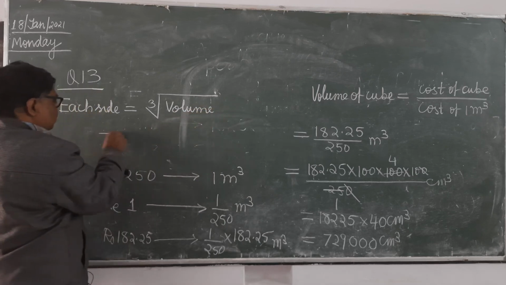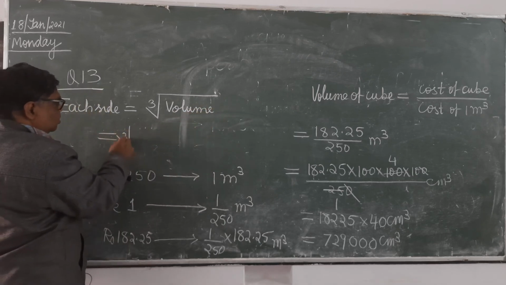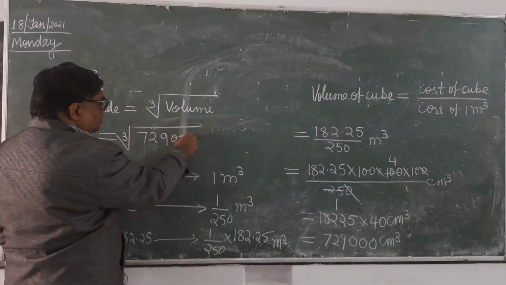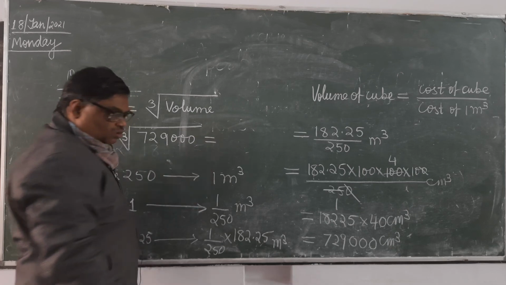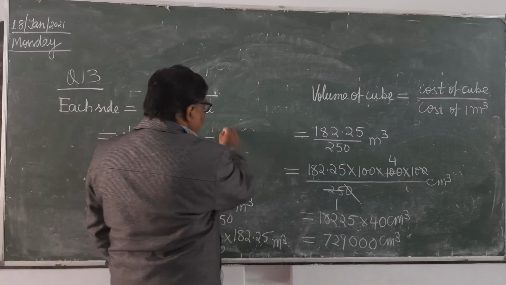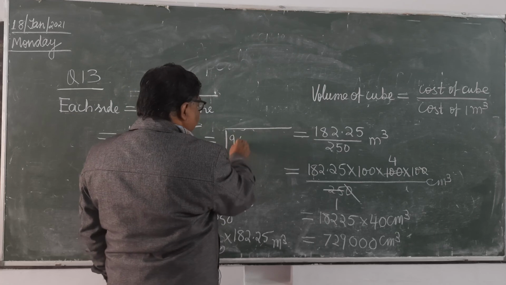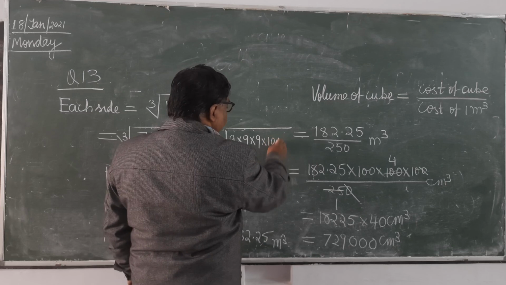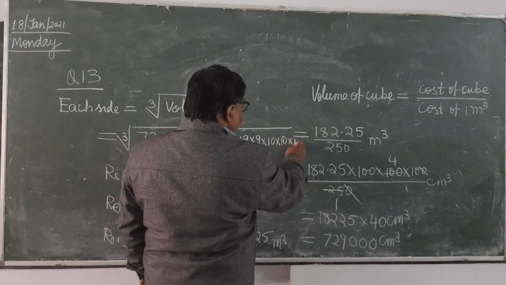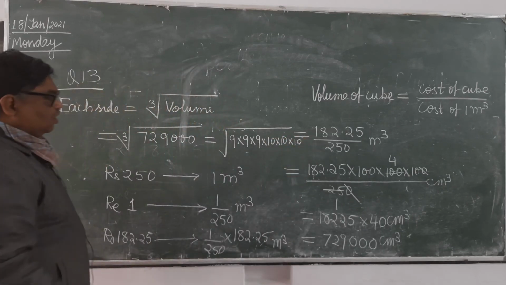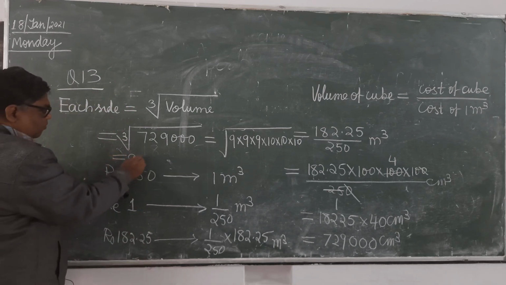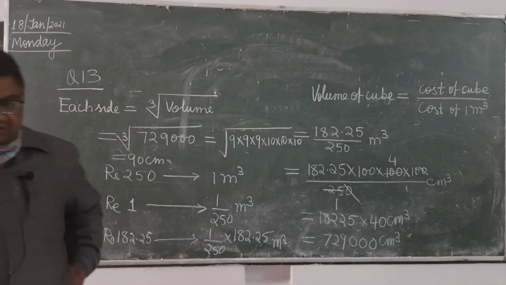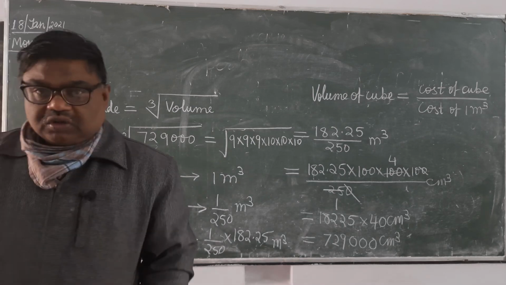So now see here, it is 729000, that is equals to 9 into 9 into 9 into 10 into 10 into 10. So it will be 90 centimeter. 90 centimeter. So tomorrow we will do the remaining questions.